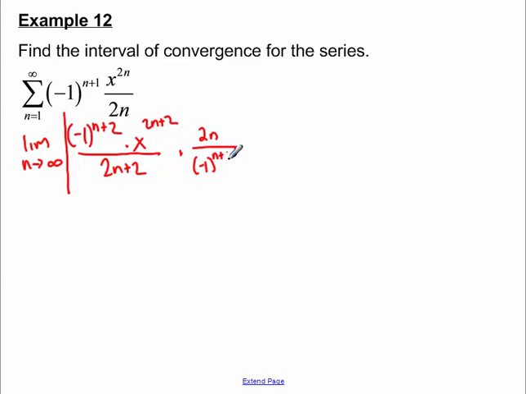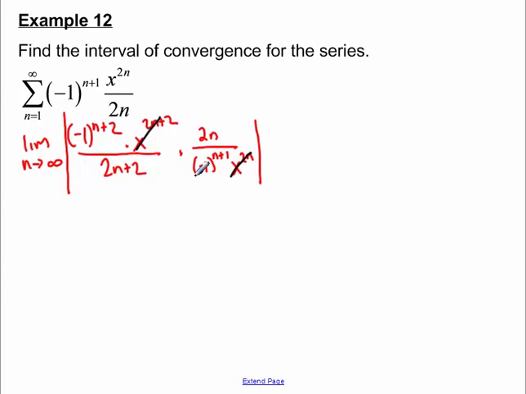Let's look at what cancels. X to the 2n cancels with x to the 2n. As we go to infinity, these essentially cancel to be a -1, but then we're going to end up taking the absolute value of it. As this goes to infinity, all of this simplifies to be absolute value of x squared.